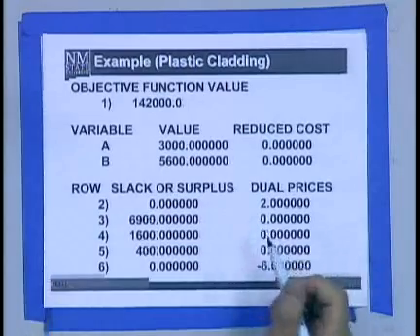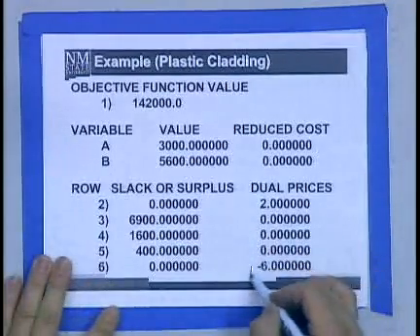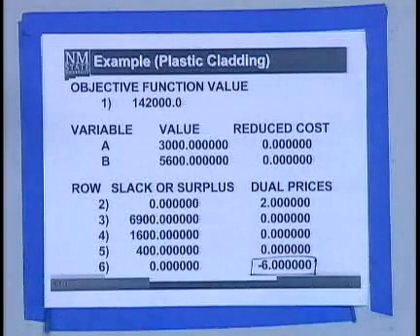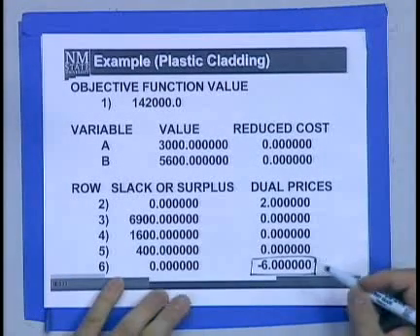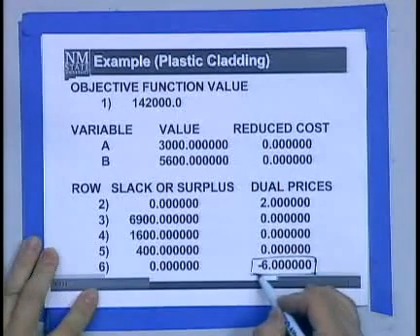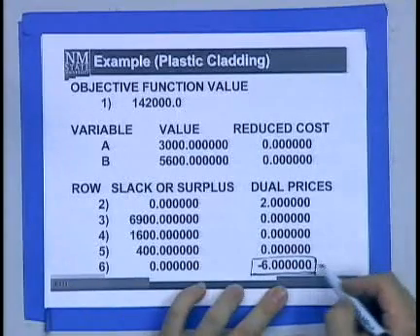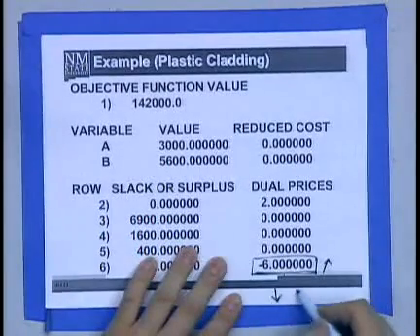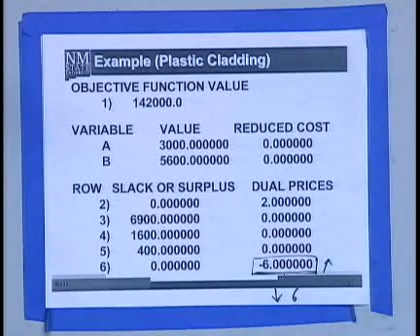And according to the dual price for row number 6, which is -6, for an additional right-hand side value, the objective function value will be increased by -6, or decreased by 6. Okay?